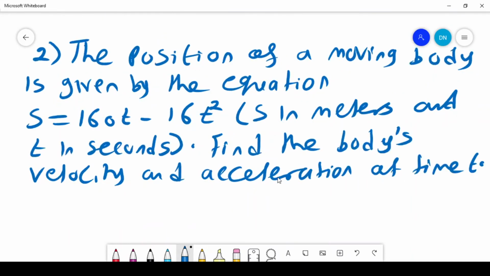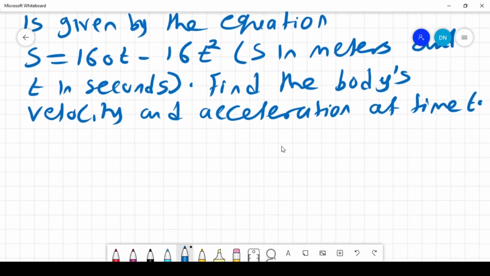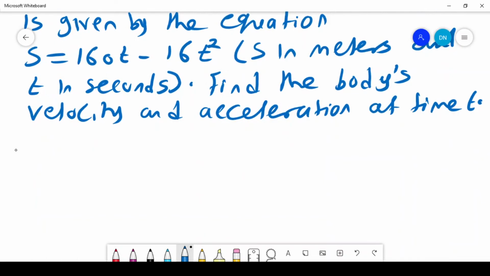A moving body is given by the equation s is equal to 160t minus 16t squared, where s is in meters and t in seconds. Find the body's velocity and acceleration at time t. So we know that velocity is given by the change in distance with time.